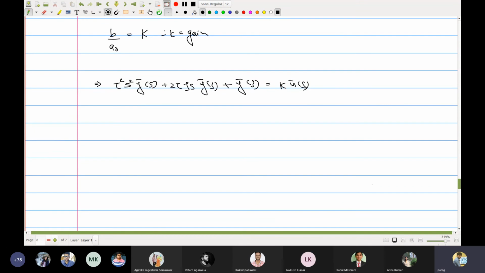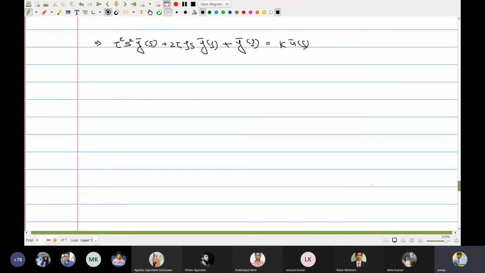Please cross check if it is correct. The terms corresponding to the initial conditions have all been set to 0 following the deviation variable representation.